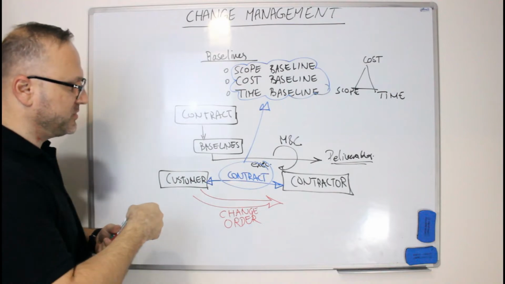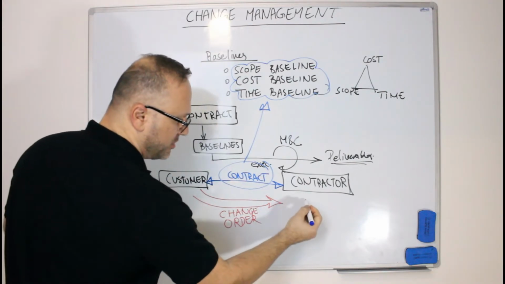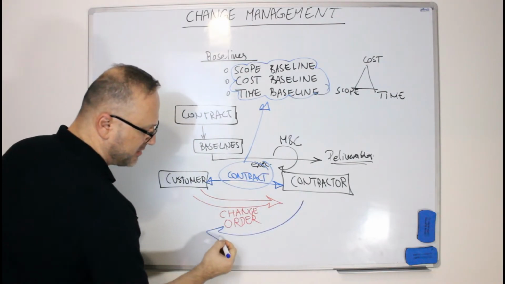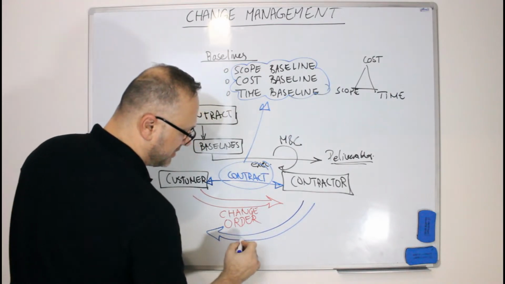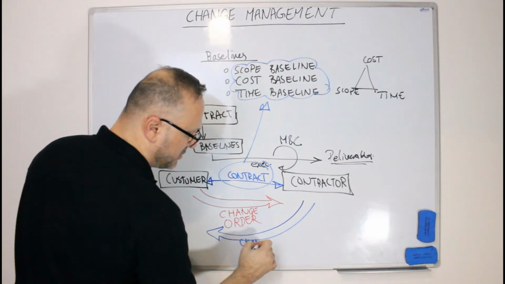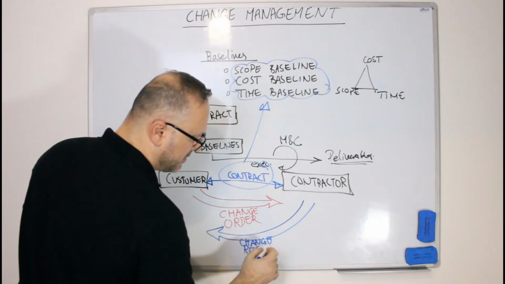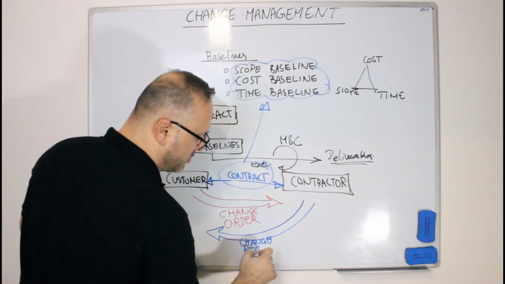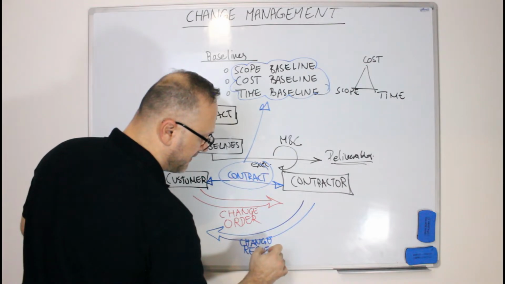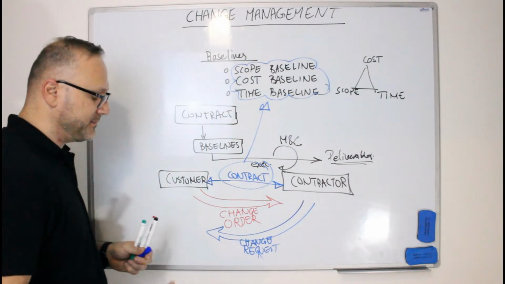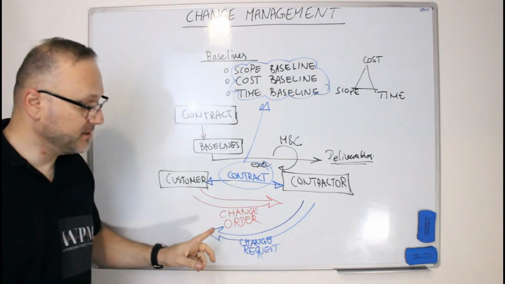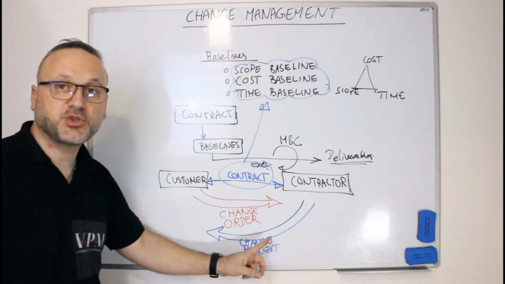While if it comes from the contractor to the customer, it is called a change request. Okay, so you have a change order and you have a change request.